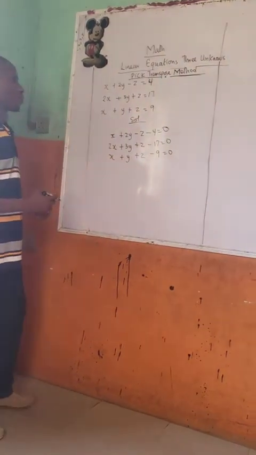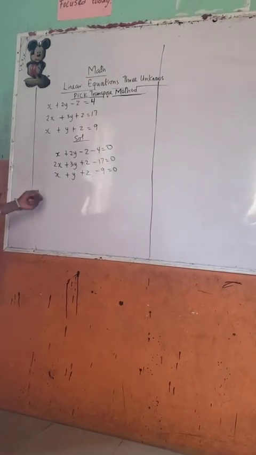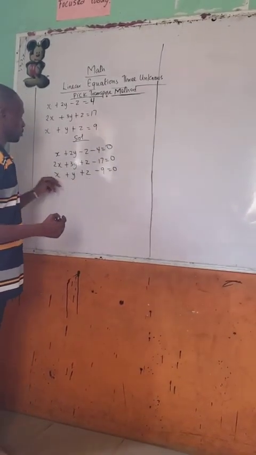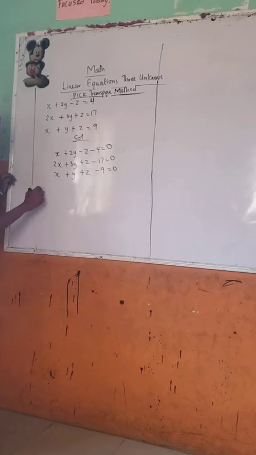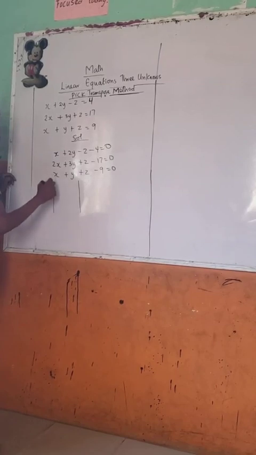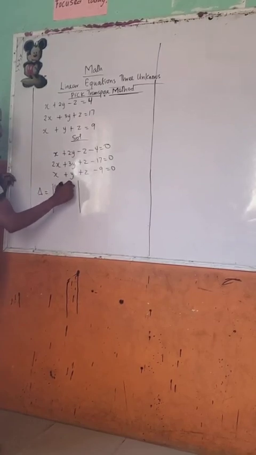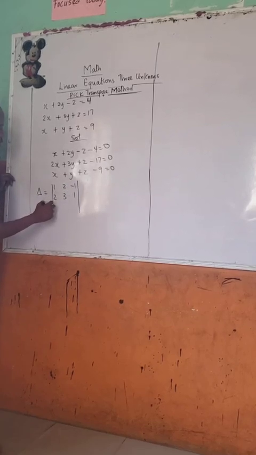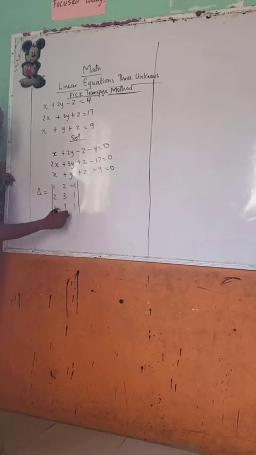Now from here, we pick the first 3 column coefficients. That is the first, second, and third column coefficients. So from here, we have delta equals 1, 2, minus 1, 2, 3, 1, 1, 1, 1.